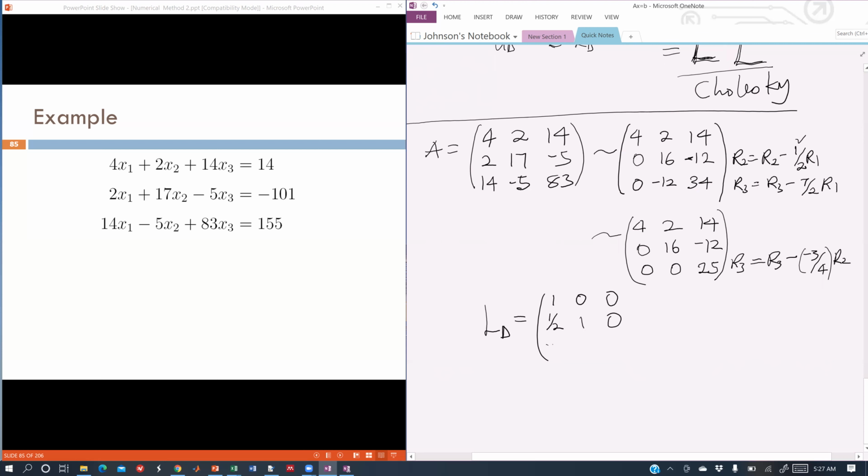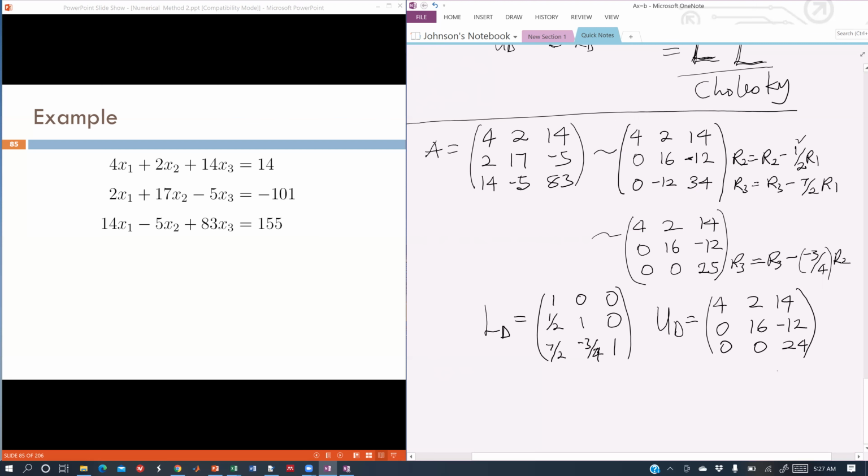Then the Gaussian factor used here is 7 over 2. Then the Gaussian factor used here is minus 3 on 4, 1. So this is the lower triangular of the Doolittle. And the upper triangular of the Doolittle is actually 4, 2, 14, 0, 16, minus 12, 0, 0, 25.